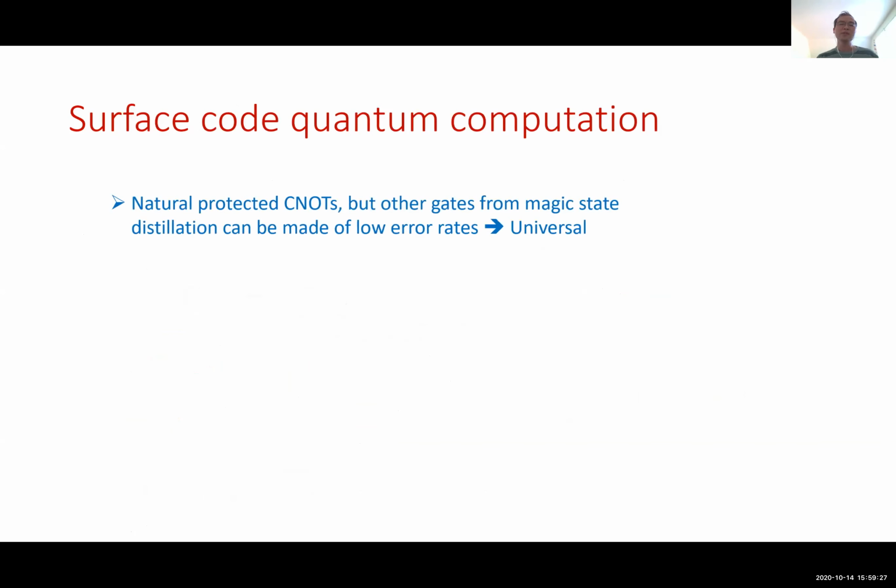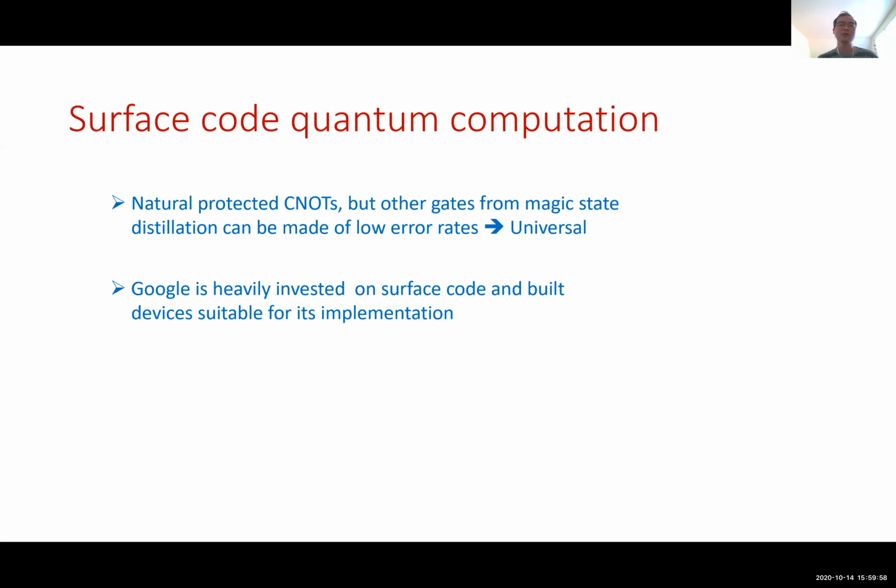So maybe this is a summary. In the surface code we have a protected CNOT, but we don't even have other gates. But these other gates can be obtained from magic state distillation, which requires more work, but in principle can be made with low error. And with these other gates, it can form a universal set of gates, and that will be useful if we can do that in the surface code.